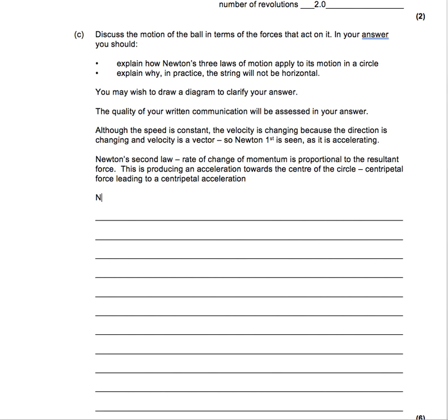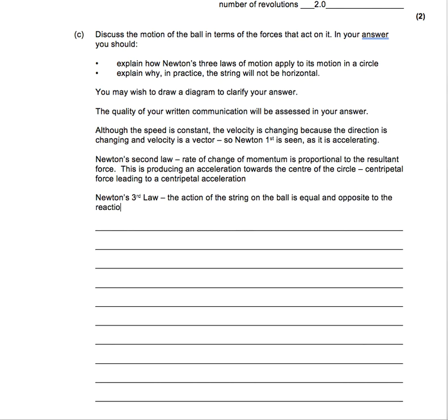Newton's third law. Well, here we have the action of the string on the ball is equal and opposite to the reaction of the ball on the string.